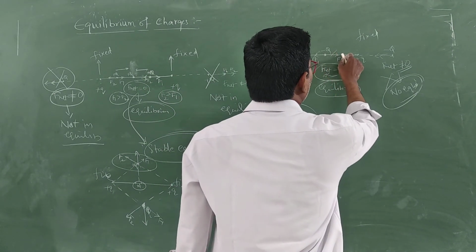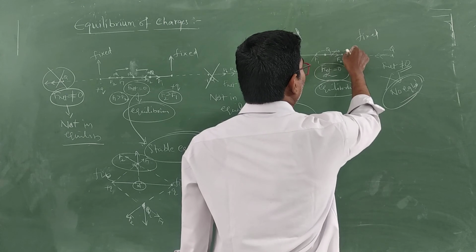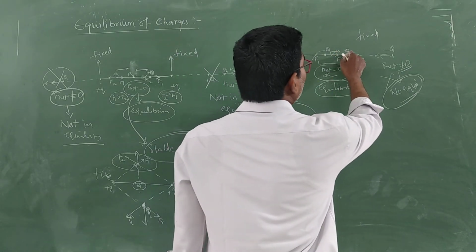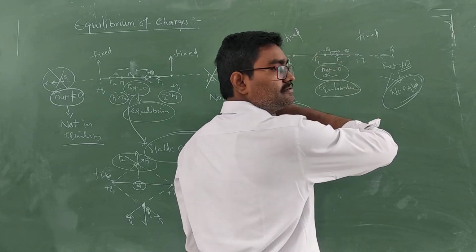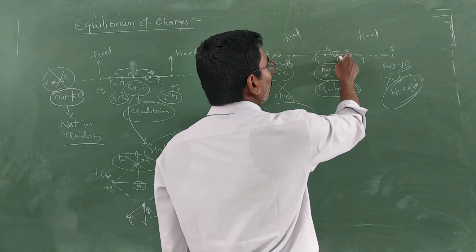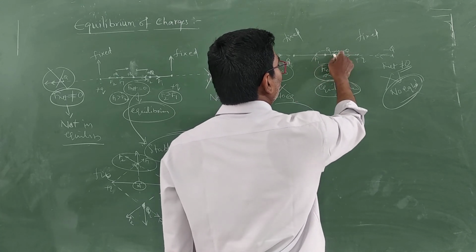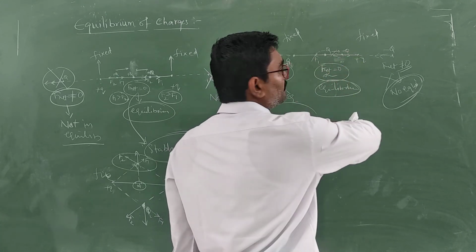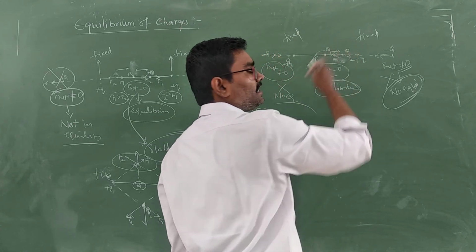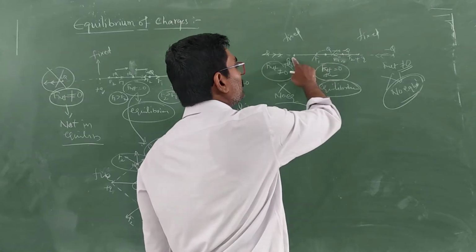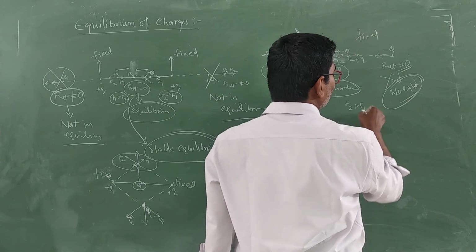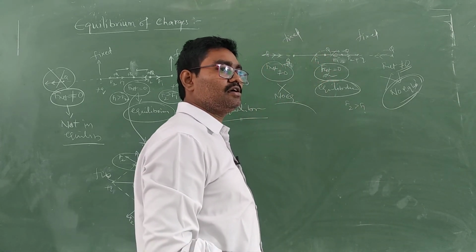If I displace it till here, so I place minus Q here, then what will happen? This will pull it towards itself, and even the other will also pull in the opposite direction, but which force is more? Which is nearer? The second charge. F2 is greater than F1. This will pull more strongly than the other. Understood? F2 is greater than F1.